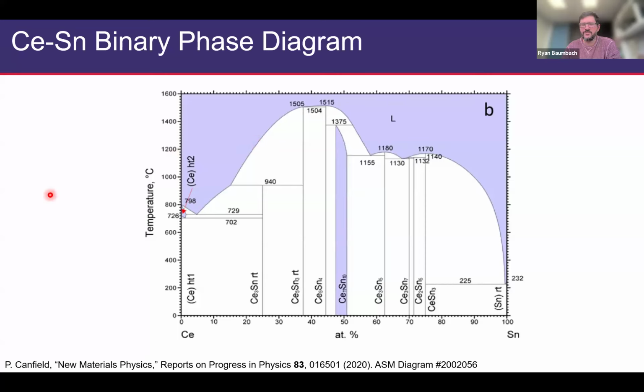So that's one way in which looking at a binary phase diagram before you do anything else can be really useful. You can know for sure that if I wanted something like cerium 3-tin, I wouldn't be able to just make a direct melt.